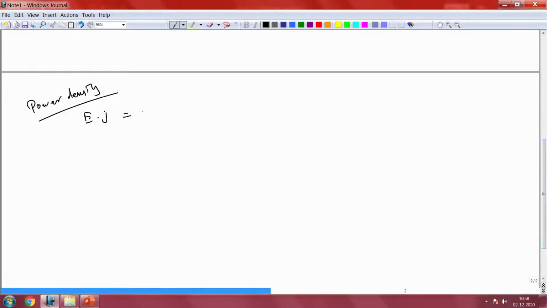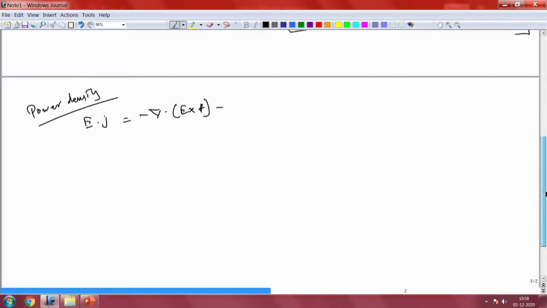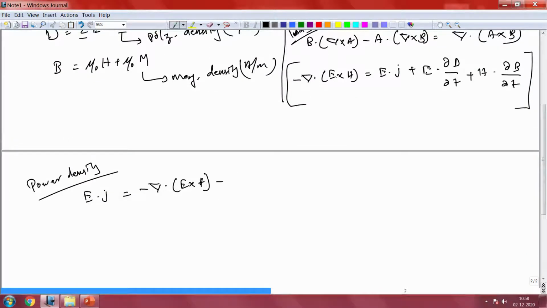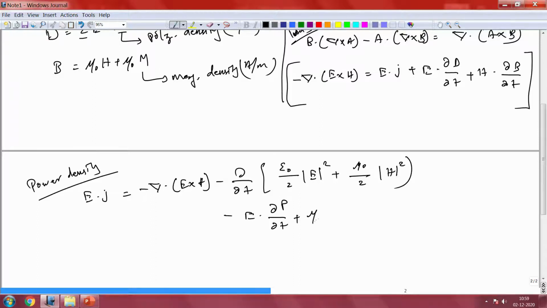So, now if you rearrange it, it will become del dot E cross H minus dou by dou t of epsilon naught by 2 E square plus mu naught by 2 H square, minus E dot dou P by dou t plus mu naught H dot dou M by dou t.